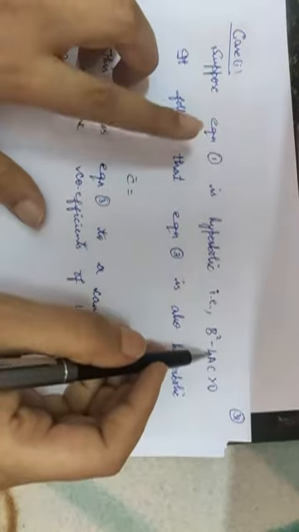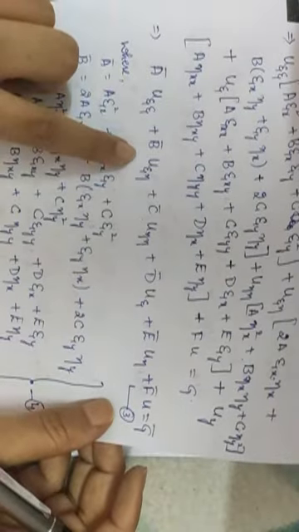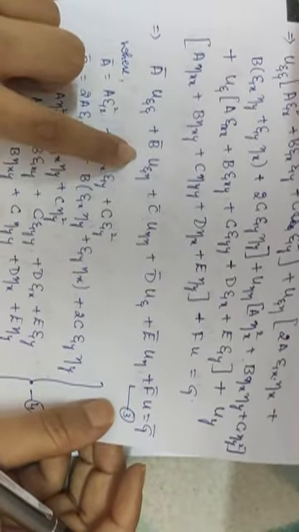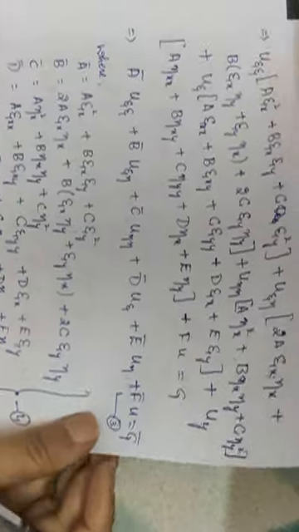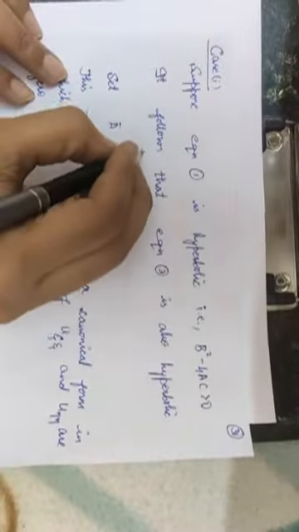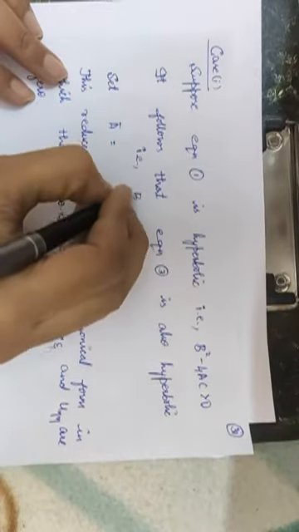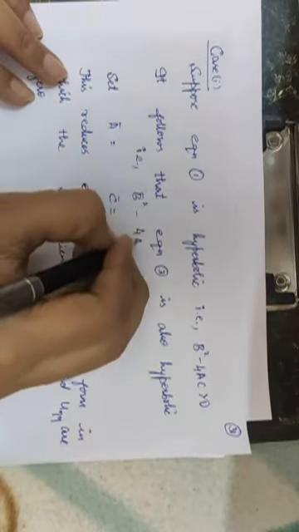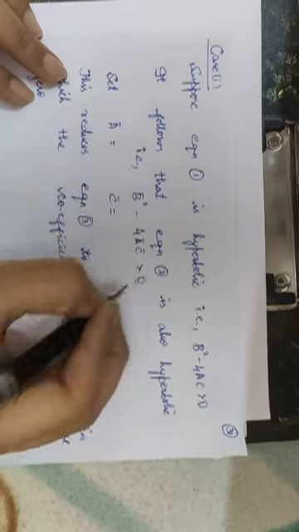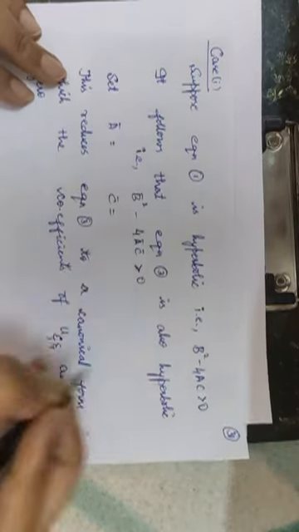Then obviously your equation 3 is also hyperbolic, because this is the transformation of your equation 1. Therefore equation 3 is also hyperbolic, that is b bar square minus 4a bar c bar is greater than 0.